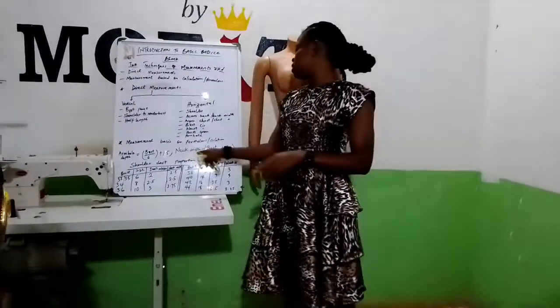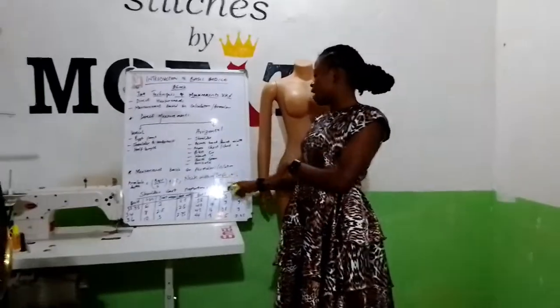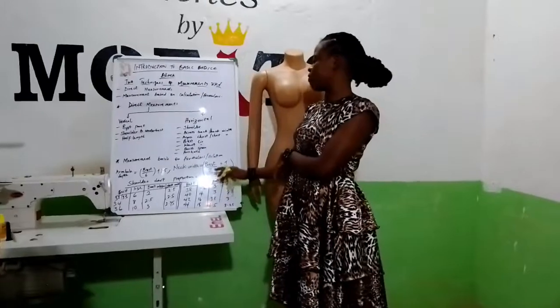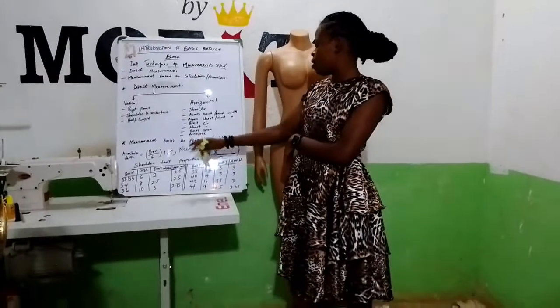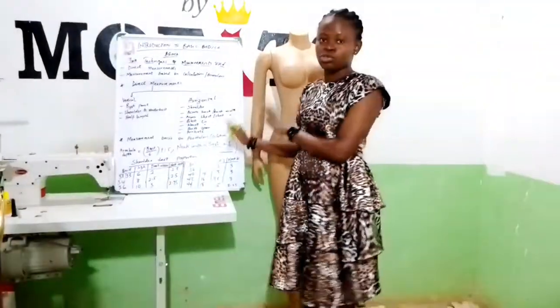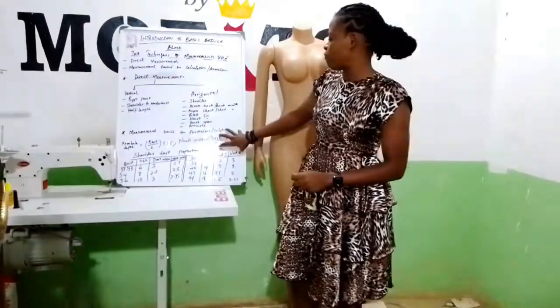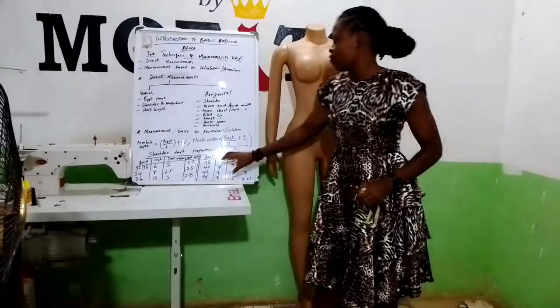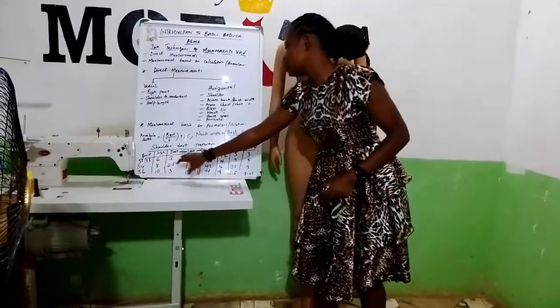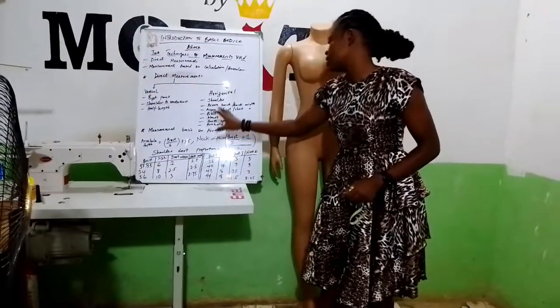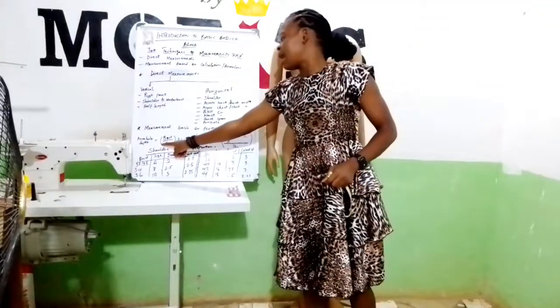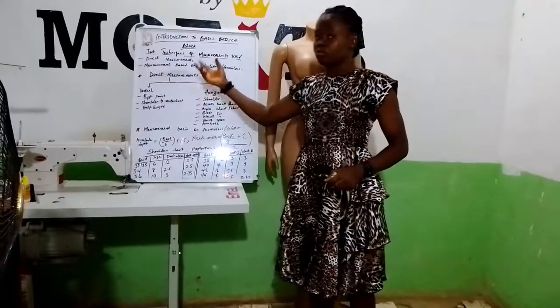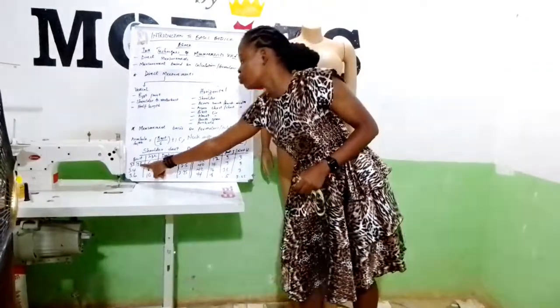Then for the neck width, this is the formula: the bust over 8 plus 1, all of them divided by 2. These formulas, I've used them to calculate for different sizes. I've used them to calculate for the neck and then the armhole. You just use this to calculate whichever bust that you want to work with.